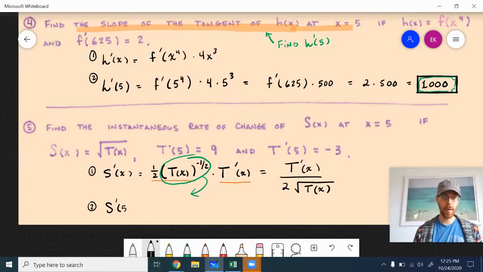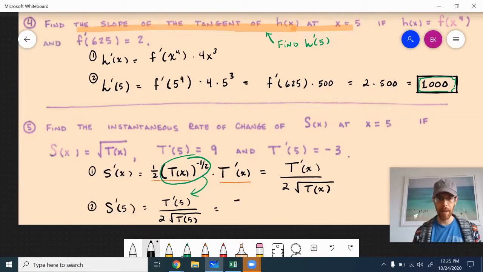So s prime of 5 would be equal to t prime of 5 divided by 2 times the square root of t of 5. T prime of 5 is -3. T of 5 is 9. We end up with -1/2.